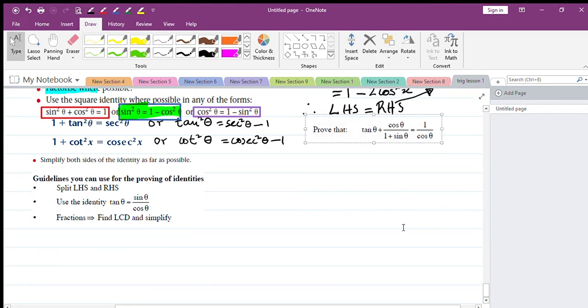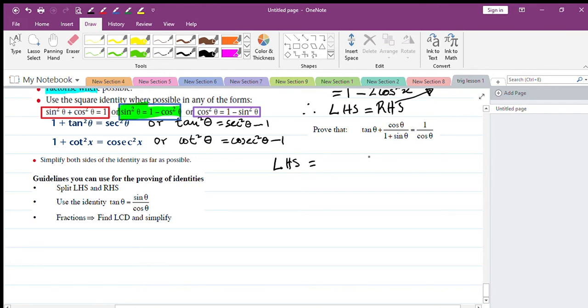We are asked to prove that tan theta plus cos theta over 1 plus sin theta is equal to 1 over cos theta. Once again, what do we do? We choose the most complicated side and simplify it. In this case, the left hand side is the complicated side. So I will write left hand side is equal to.